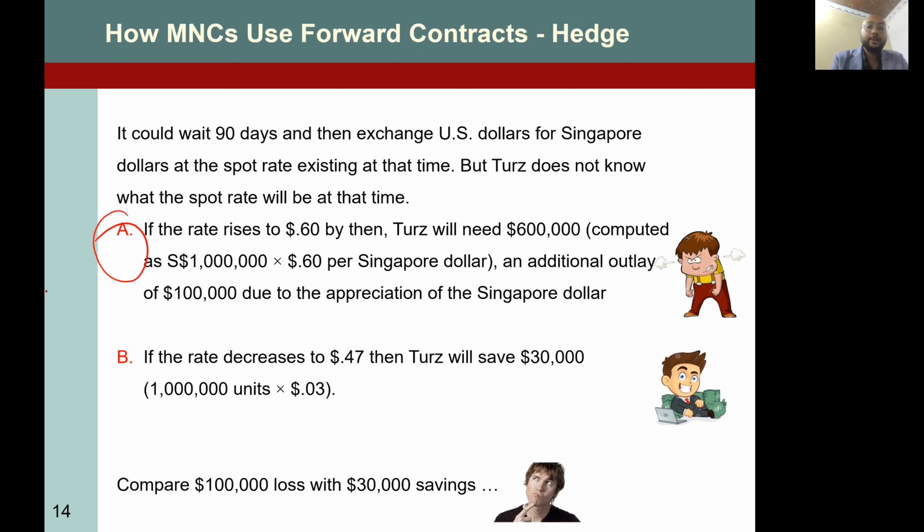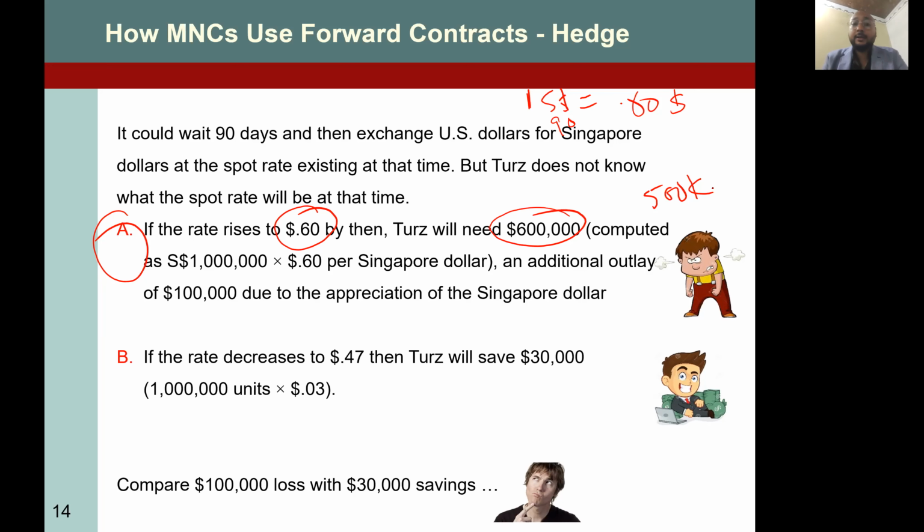So scenario 1. If the rate rises to 0.6 after 90 days, it means 1 Singaporean dollar is equal to now, after 90 days, $0.6. So how many dollars would they be needing? When they enter into the contract, they would be needing 500,000.